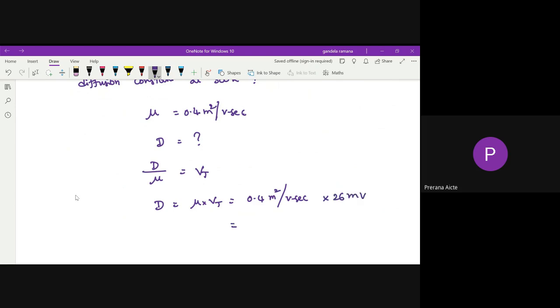How much do you get? 10.4 into 10 power minus 3 meter square per second.